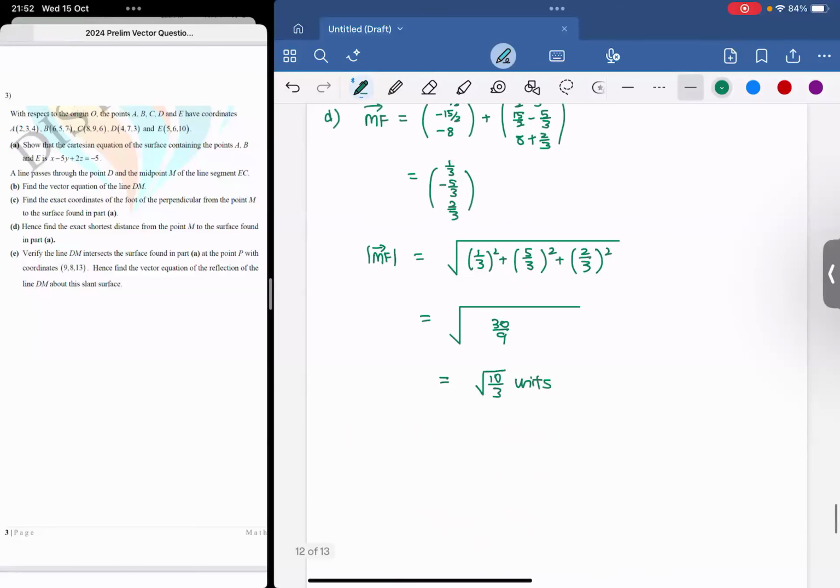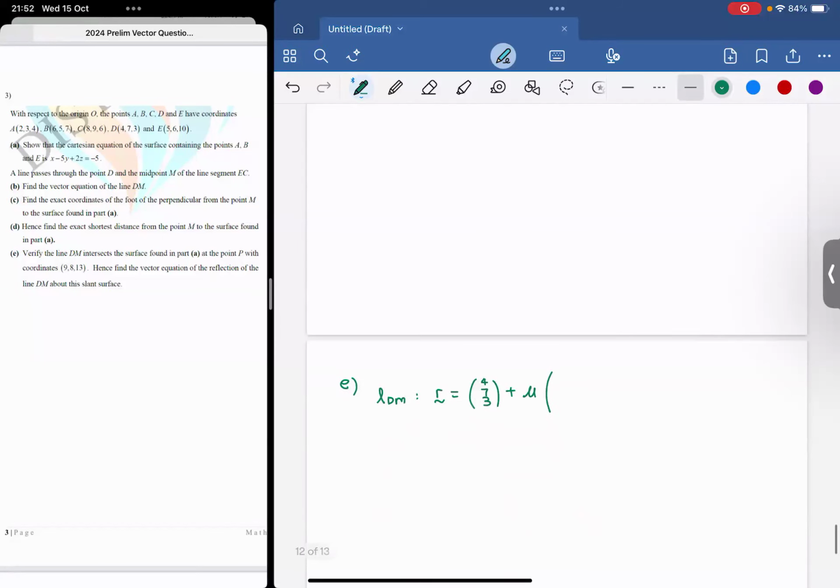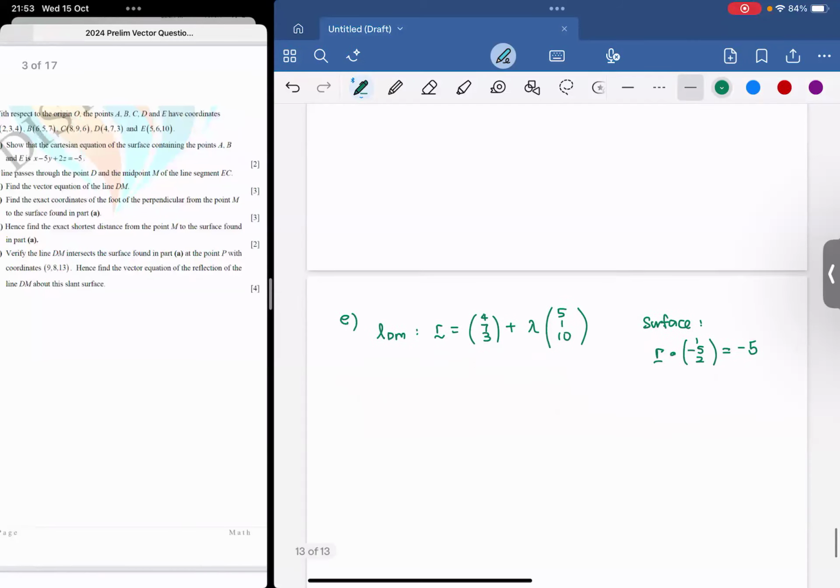The surface is what? How do we verify? They already tell you, we just verify.